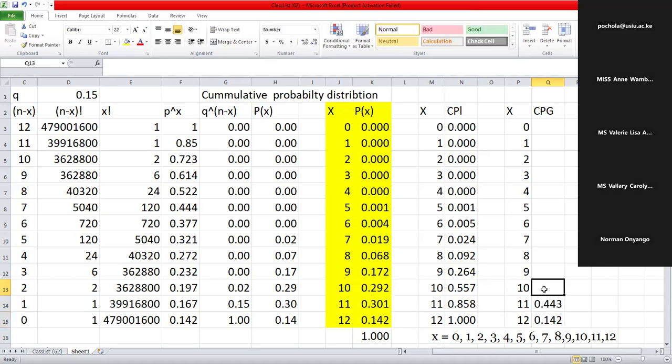At least 10, I add the probability of 10 to at least 12 and at least 11. What will be up here? What will be there? 1. Beautiful. So all I need to do is copy this, and I bring it here, and I'm home and dry.